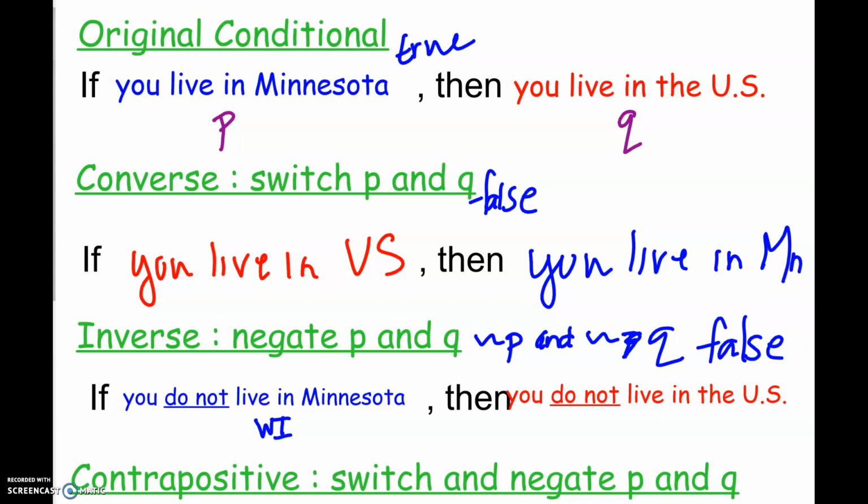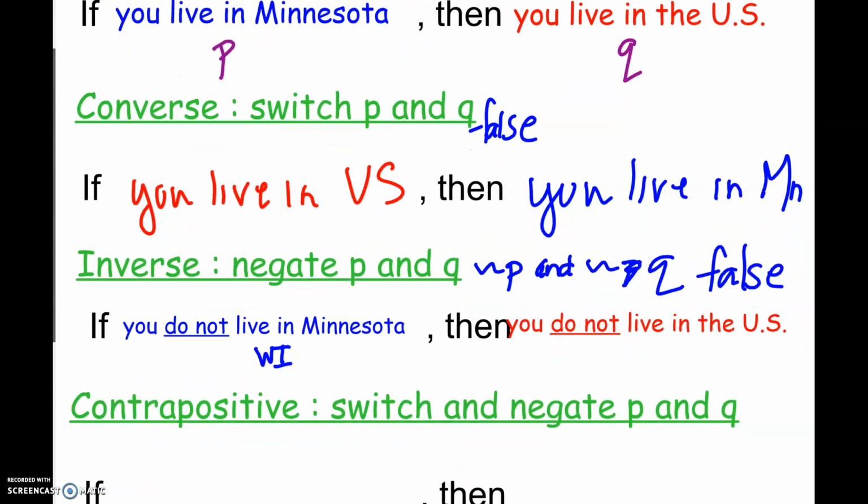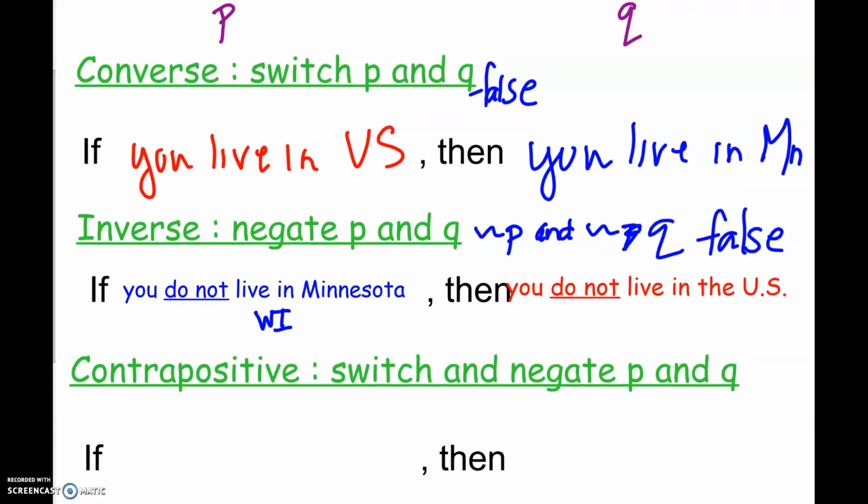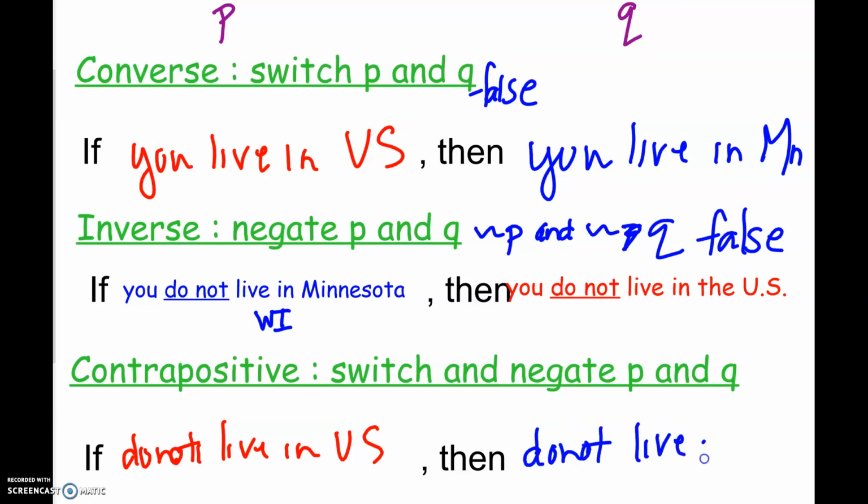All right, then the last one that we have here, hopefully I can get this moved, is the contrapositive. We want to switch and negate. Switch and negate. So go back to the original, and we want to say, if you do not live in the US, then you do not live in Minnesota.